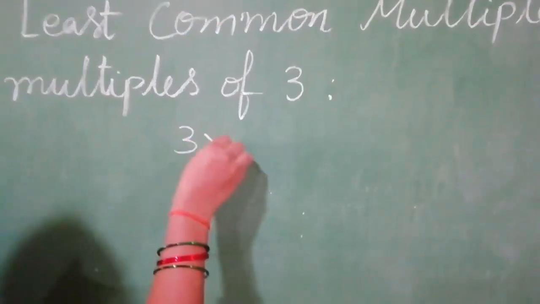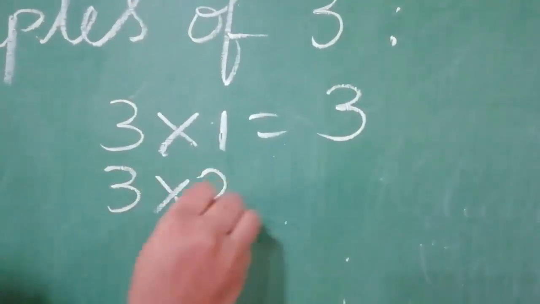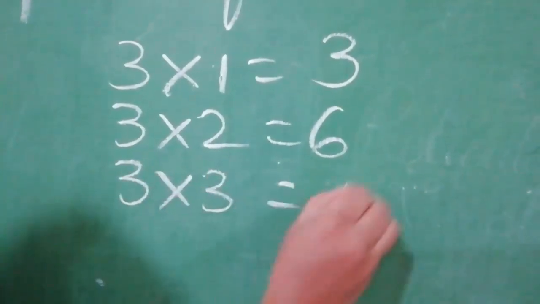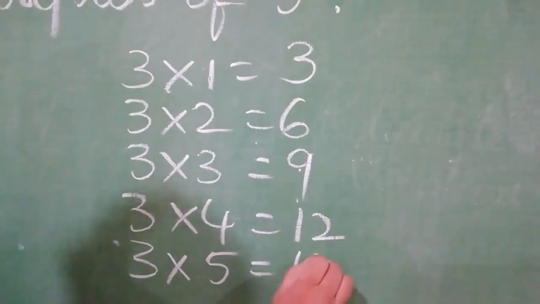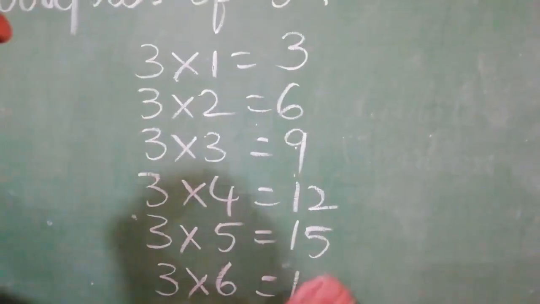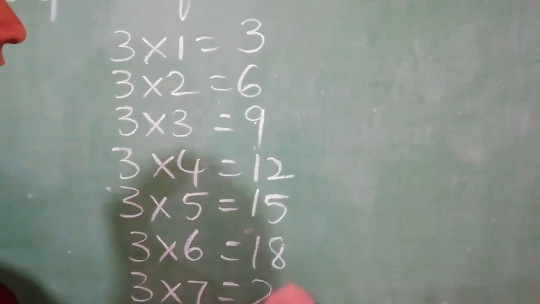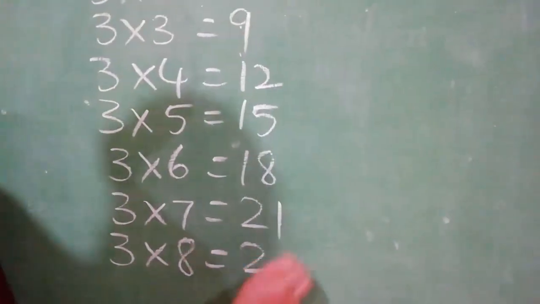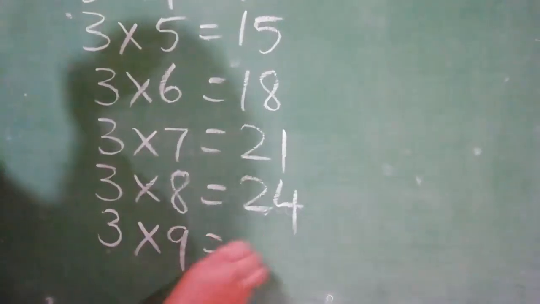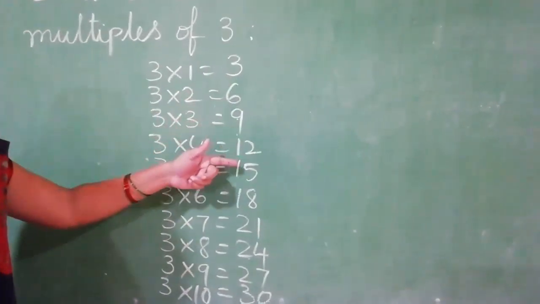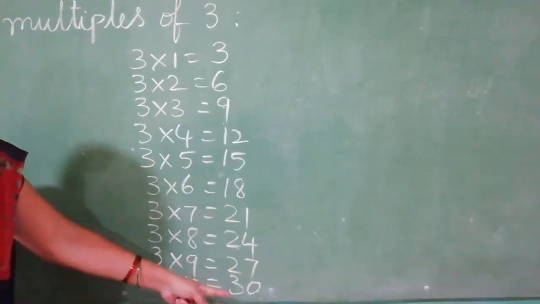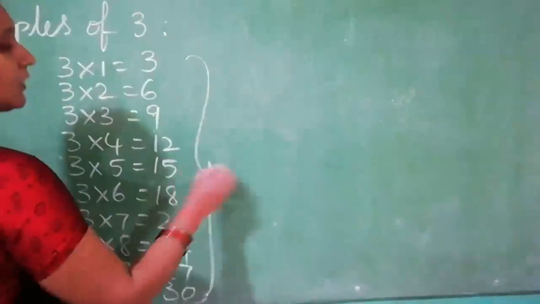See, 3 ones are 3, 3 twos are 6, 3 threes are 9, 3 fours are 12, 3 fives are 15, 3 sixes are 18, 3 sevens are 21, 3 eights are 24, 3 nines are 27, 3 tens are 30. All these numbers 3, 6, 9, 12, 15, 18, 21, 24, 27, 30 are multiples of 3.